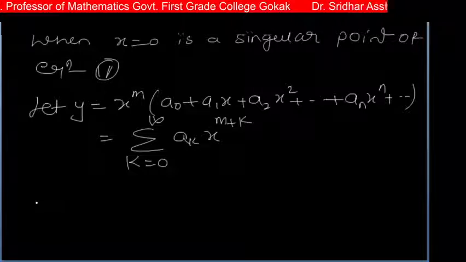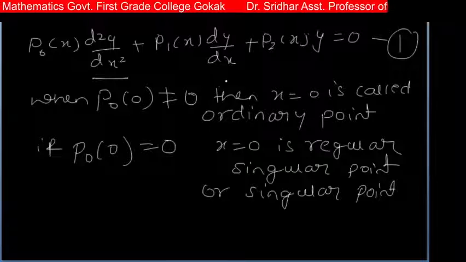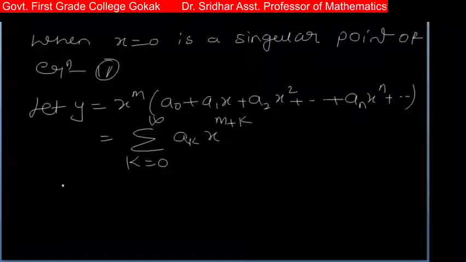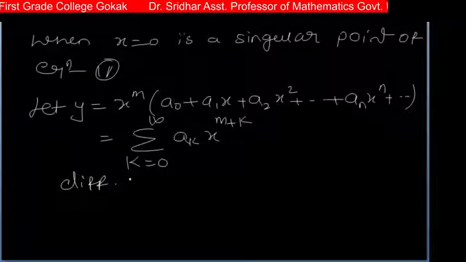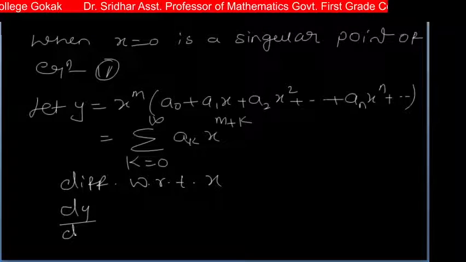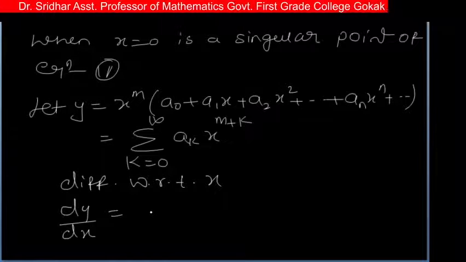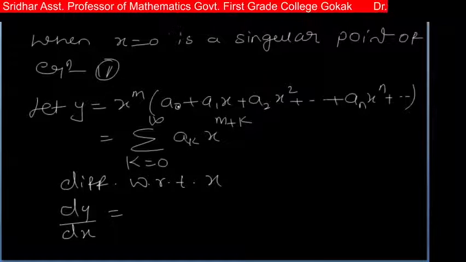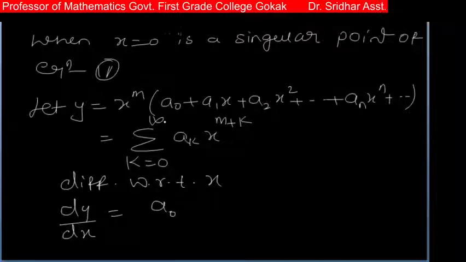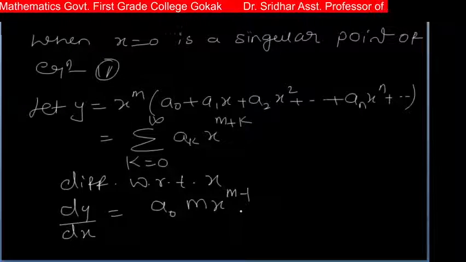Now we have to substitute in the given equation, so here we need d square y by dx square and dy by dx. Differentiating with respect to x, dy by dx is equal to a0 into m into x to the power m minus 1, since a0 is constant and the derivative of x to the power m is m x to the power m minus 1.